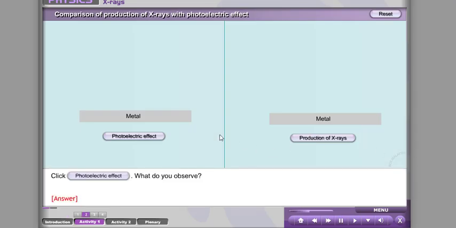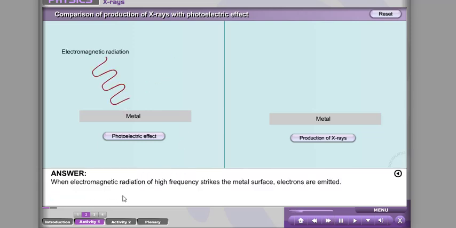Click the photoelectric effect button. What do you observe? Answer: when electromagnetic radiation of high frequency strikes the metal surface, electrons are emitted.